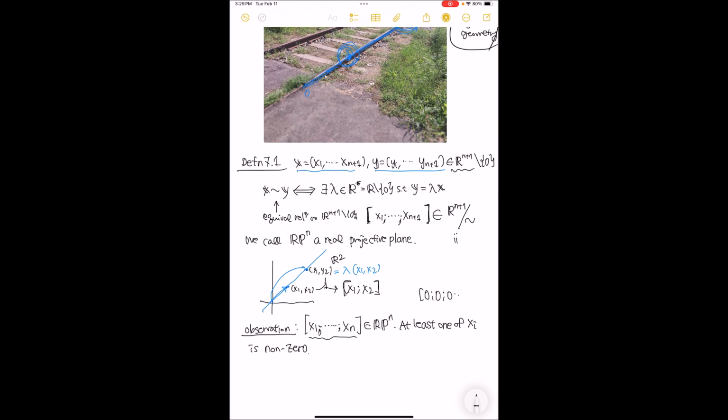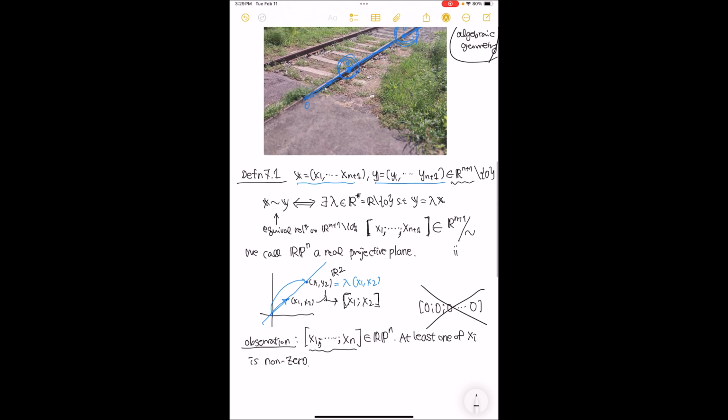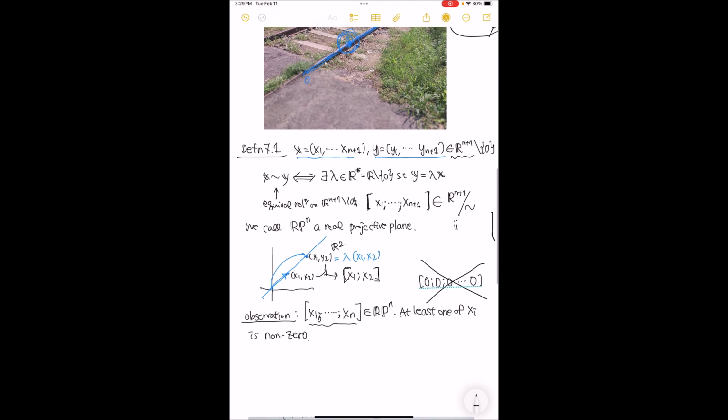So (0, 0, ..., 0) is impossible, because of the definition of projective space.